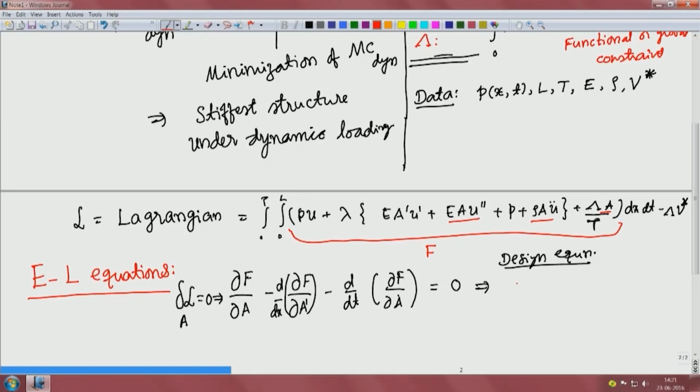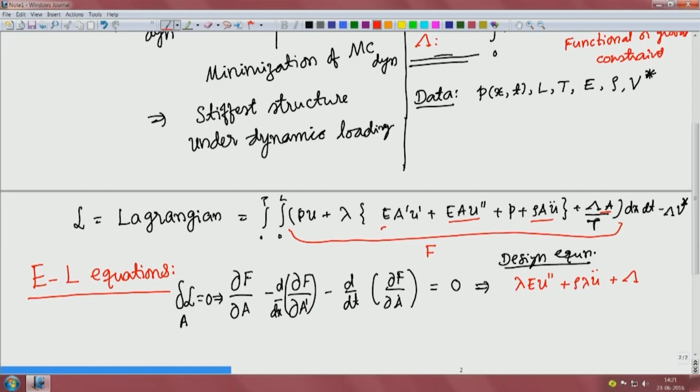So, I can write this equation, dou f by dou a, as lambda E u double prime, and we have rho lambda u double dot plus capital lambda, all this is for a, minus dou f by dou a prime.